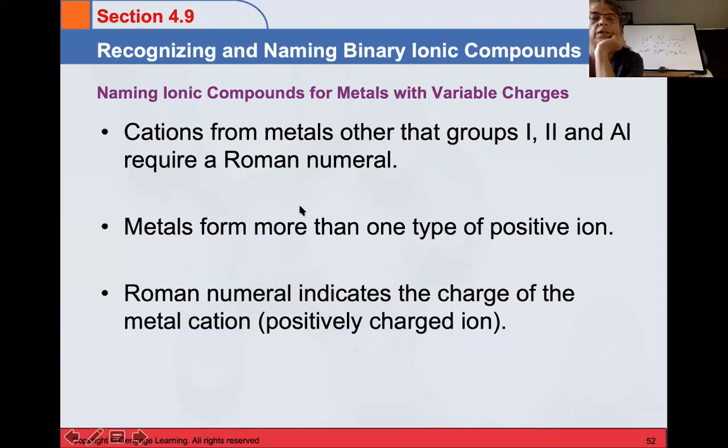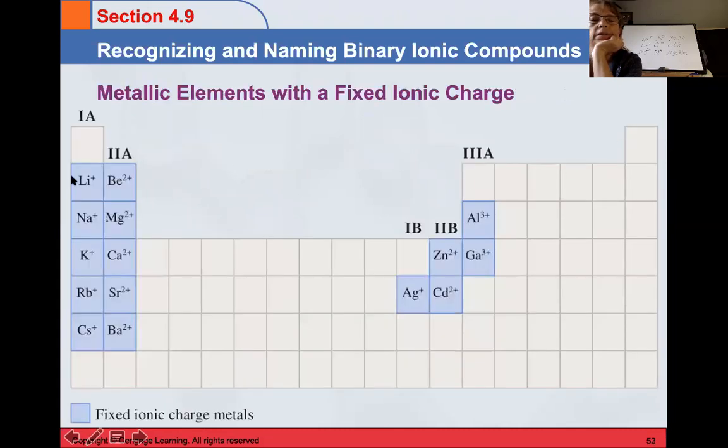All of the cations that we've done so far have a fixed charge based on their group number. But metals in group 1 make a +1 charge, metals in group 2 make a +2 charge, and aluminum, which is the only one we're going to look at in this class, makes a +3 charge.